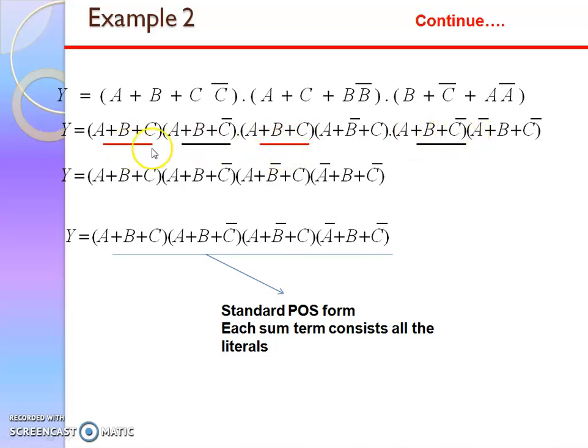Now these terms are repeated two times each, so the repeated terms are omitted. After omitting these terms, we get the final answer as a plus b plus c into a plus b plus c bar into a plus b bar plus c into a bar plus b plus c bar. Now this is the standard POS form.